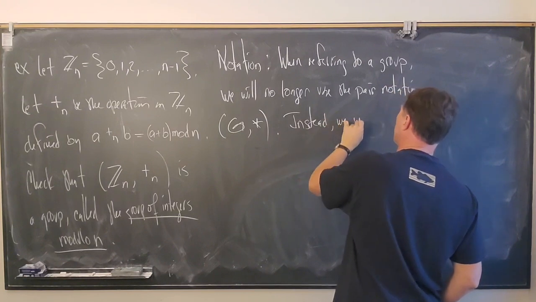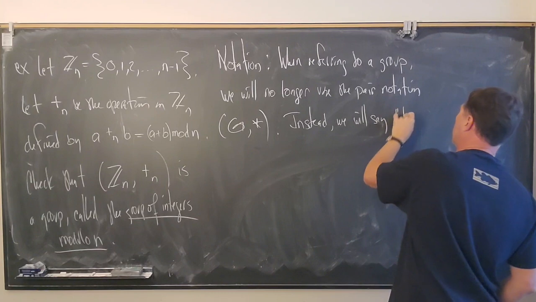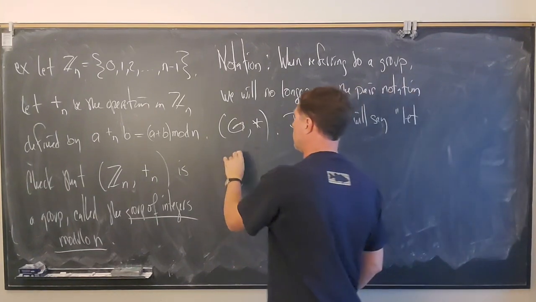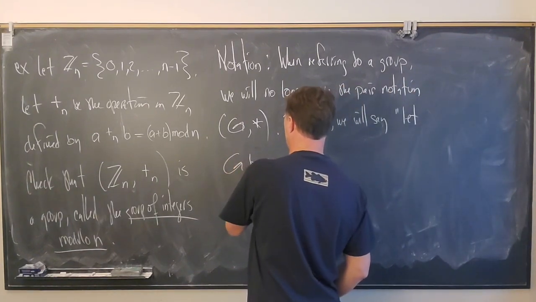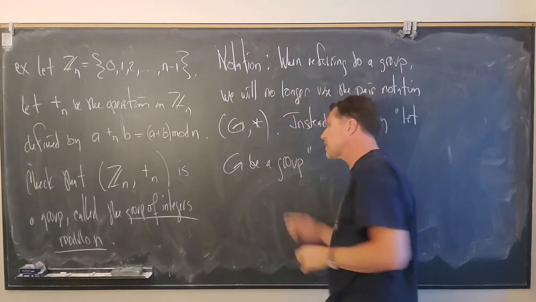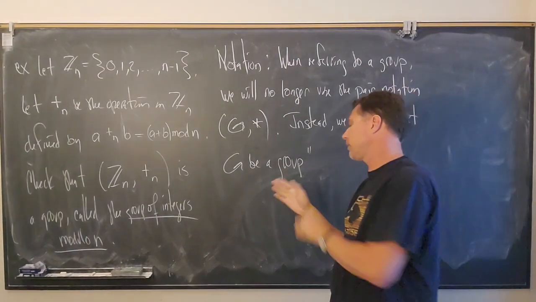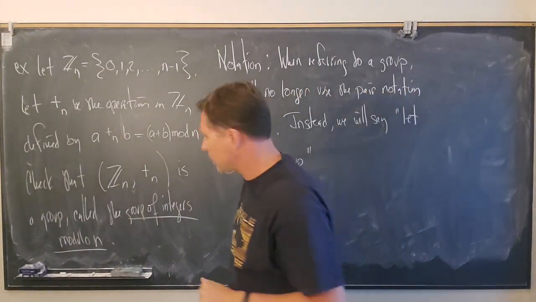So instead, we will say let G be a group, and it'll just be understood. Whenever you're talking about a group, there's a binary operation that goes along with that. In fact, we won't even need to write this star.